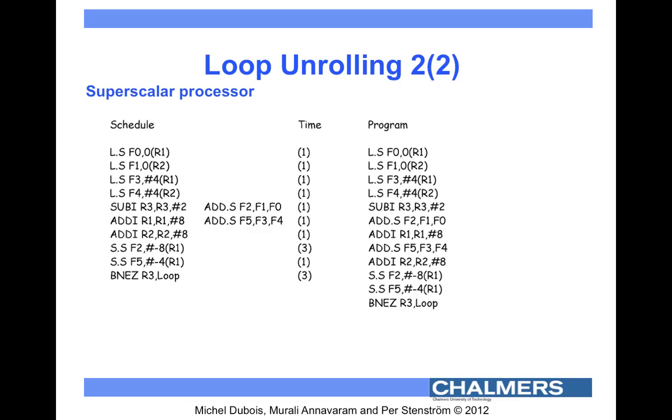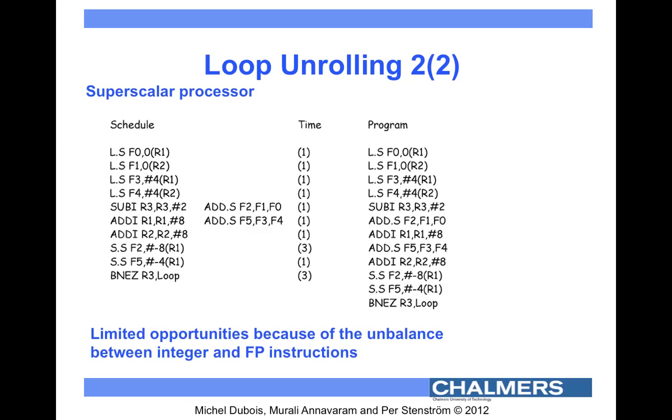The problem with this particular loop is that floating point operations are dominating. So there are very limited opportunities for executing a floating point operation in parallel with an integer operation. And you see the result of that schedule to the left.